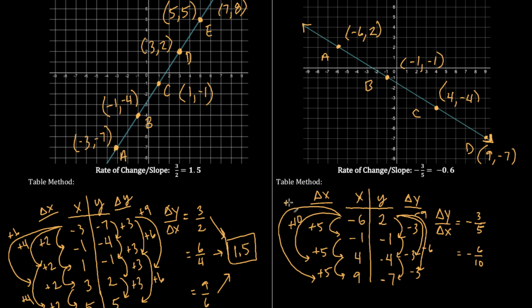So negative over positive is -9/15. I'm gonna write that on the side a little bit better. And if I do -3 divided by 5, -6 divided by 10, and -9 divided by 15, they are all the same decimal value, which is -0.6, or negative 6/10. And that is it. Thank you.